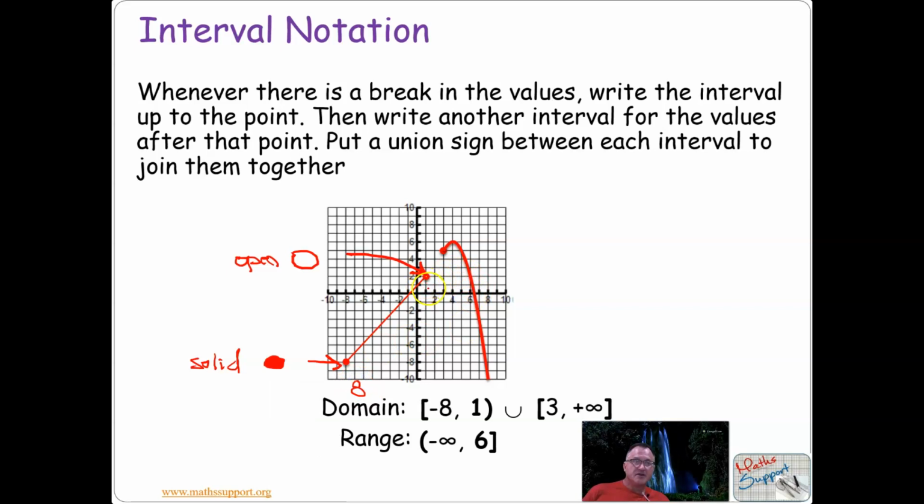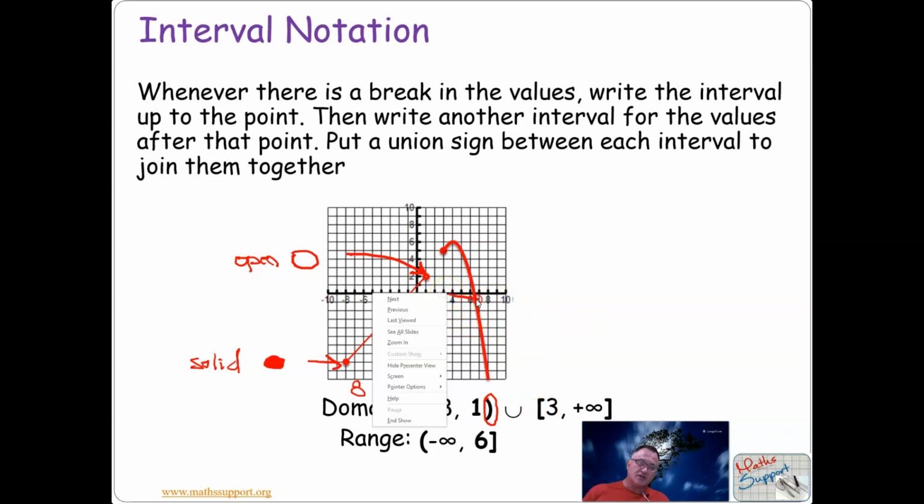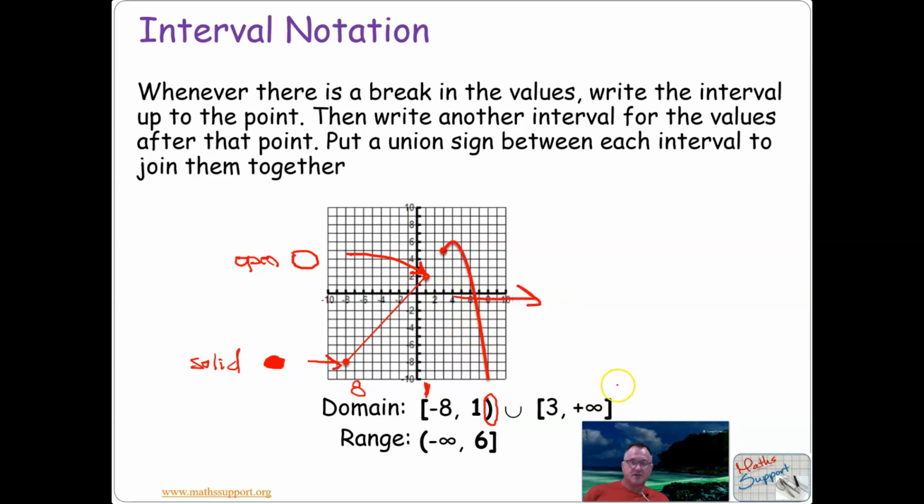Okay, this x-coordinate is 1, but it's an open circle, so that's why I got the parenthesis. This is a closed circle, that's why I got the bracket. Then the rest of this, all the x-coordinates on this piece are going to be 3 or greater than. Boy, I had a lot of typos here. Holy cow.